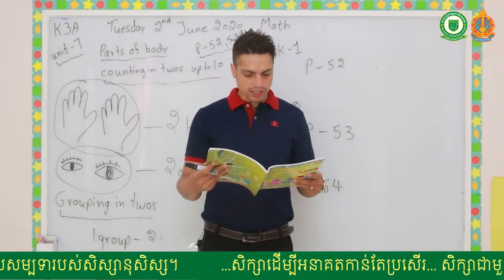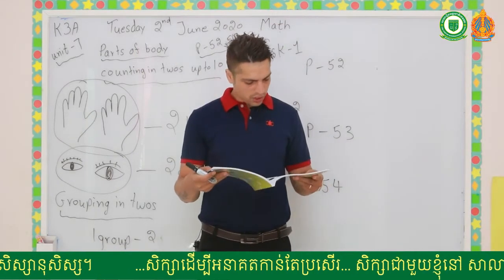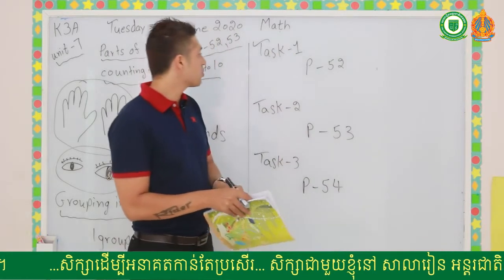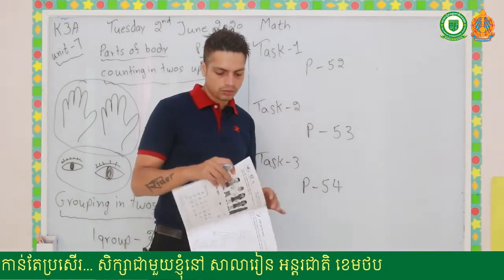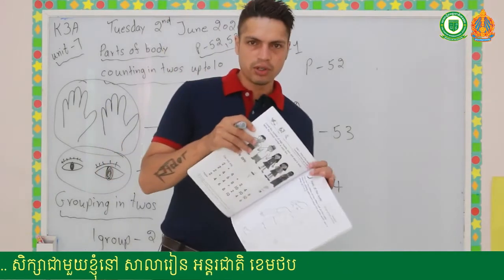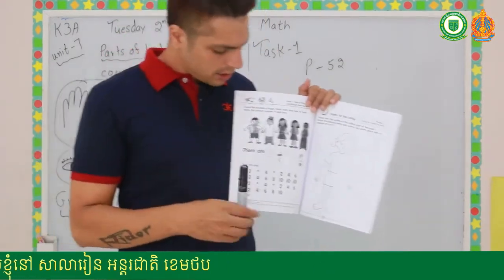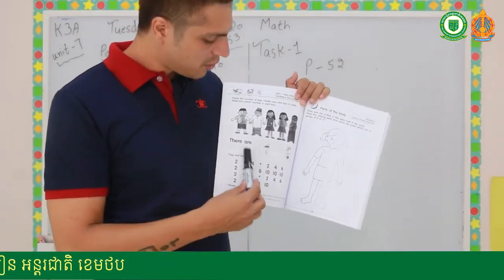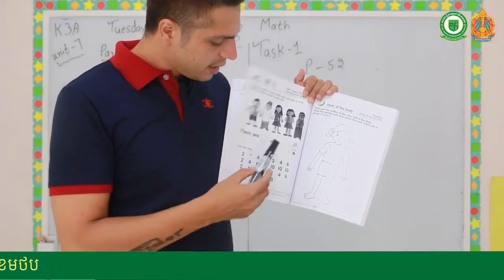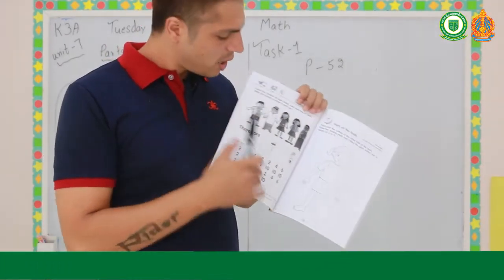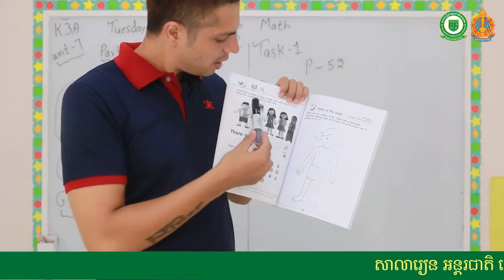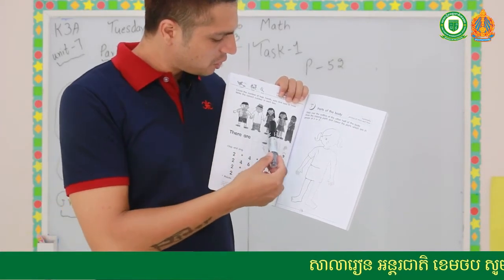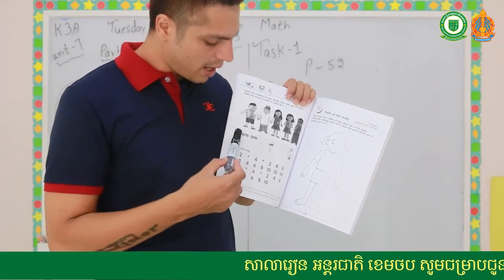Next is your task 1. Your task 1 is on page number 52. I can show you in your book. Task 1, page 52. You can see how many people here? 1, 2, 3, 4, 5. You have 5 people here.